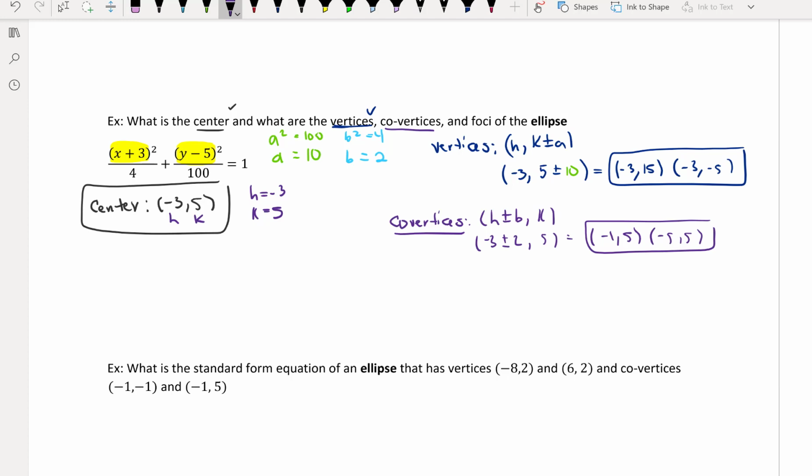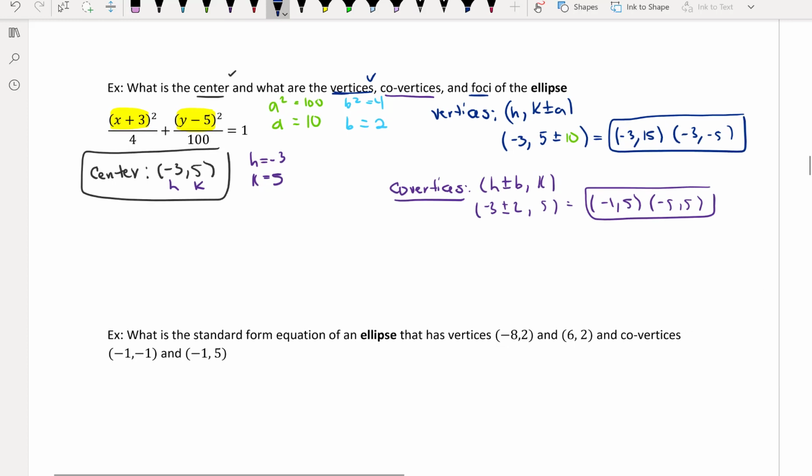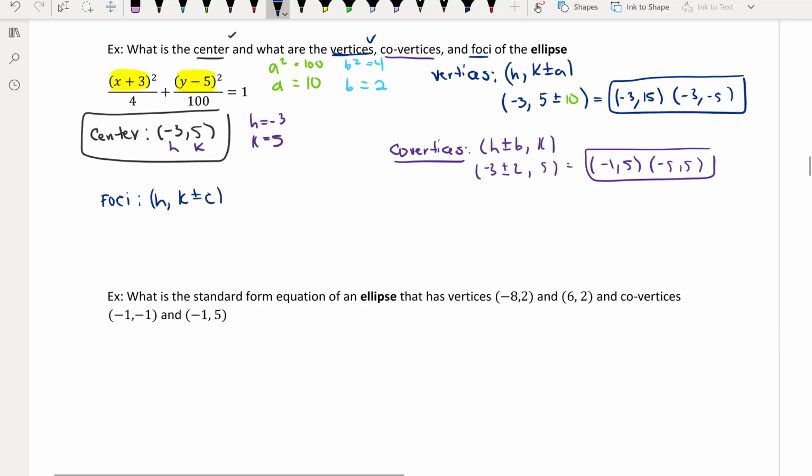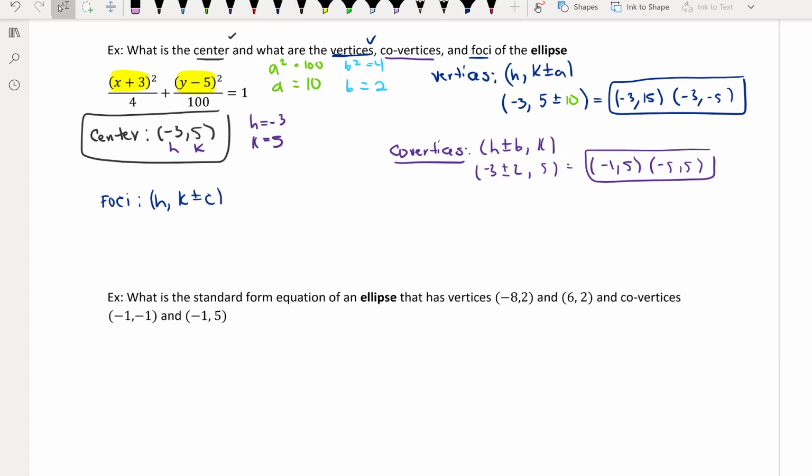And so the last thing that it really wants us to do is our foci. So okay, here's our foci. For our foci, we have h comma k plus or minus my c. Well, first I have to figure out my c value.